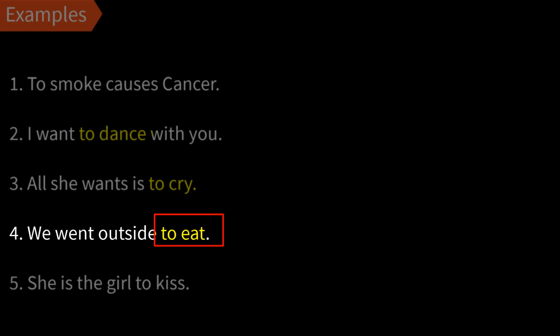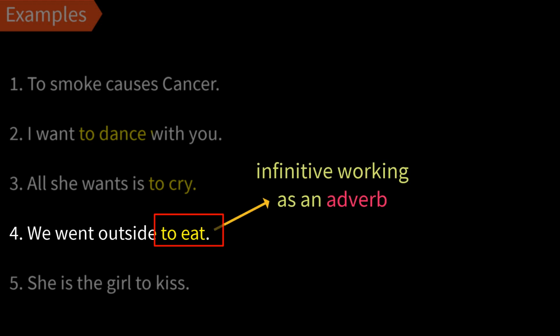It's not working as the subject complement. Then what is it working as? It's working as an adverb because it's telling us why we went outside. It's working as an adverb telling us the reason why we went outside. Why did we go outside? To eat.